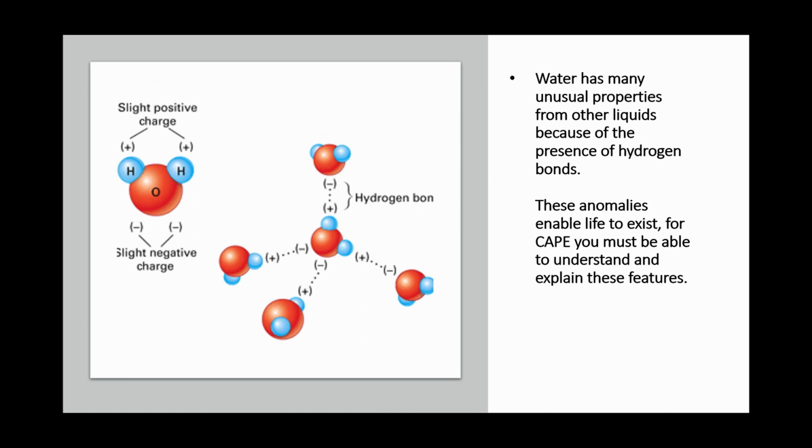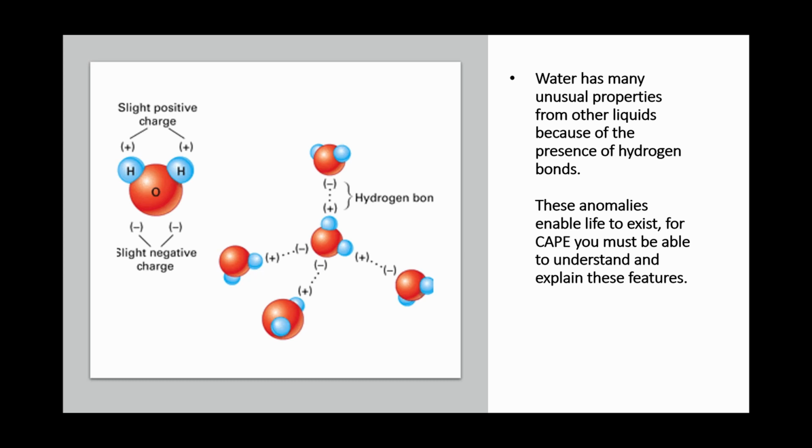So we established just now that water has delta positive hydrogens and a delta negative oxygen. And when you have a dipole like this, what happens in water is that you get hydrogen bonds. A hydrogen bond is when the positive hydrogen from one water forms a bond with a delta negative oxygen in another molecule.